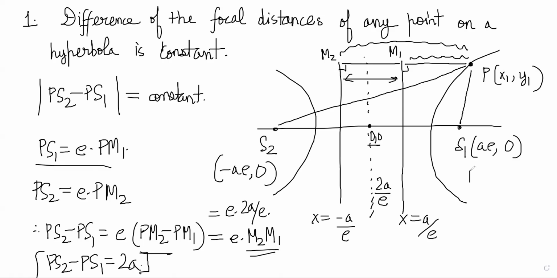So here PS1 is equal to E times PM1, and PM1, if you think about it, is x1 minus A by E. x1 minus A by E times E. So this is becoming EX1 minus A. That is PS1, right?